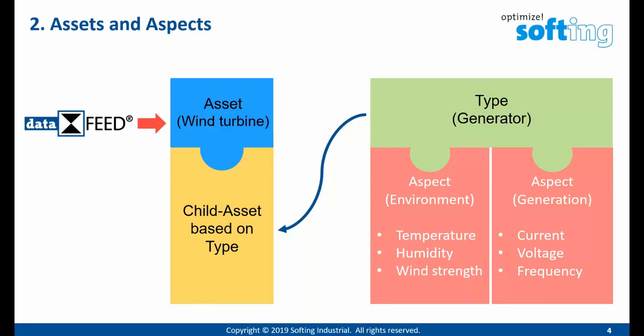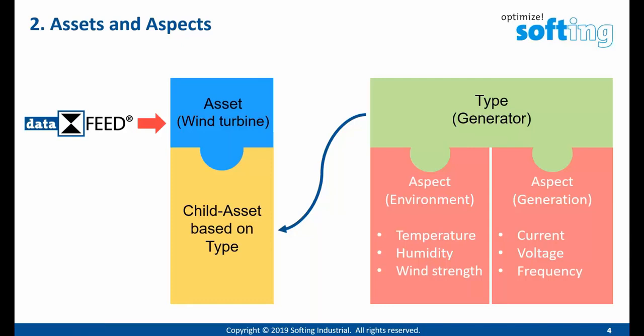Once I've done that, I will create an asset called wind turbine, and inside this asset I have to do some configuration to make it ready to receive data from my dataFEED OPC suite. The last step what I have to do is I have to link my wind turbine asset with the type.